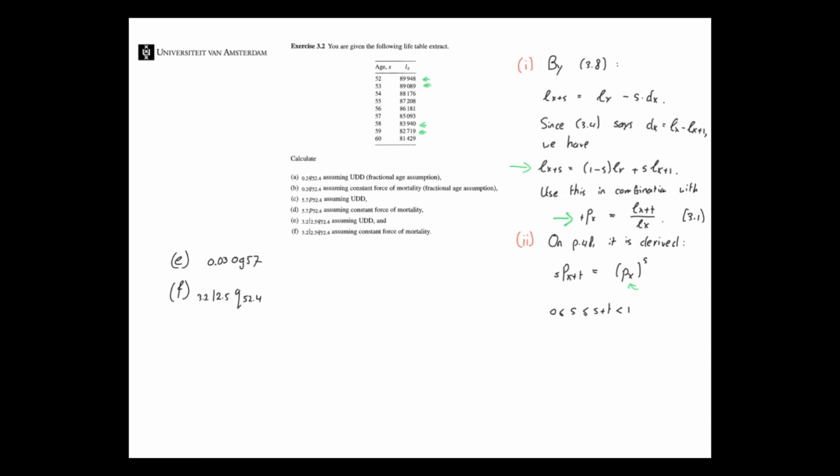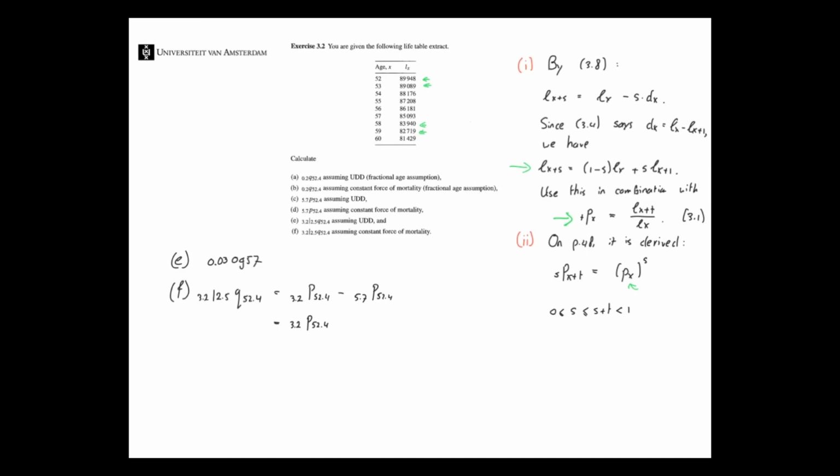And the question is, how do we do that? Well, we can rewrite this the same way. Let's start by rewriting this into survival probabilities as we did in part E. And here we had 52.4 and we had to survive 5.7 years, right? And now you can use the product rule for the second probability, and I will show you why that is useful in a second.